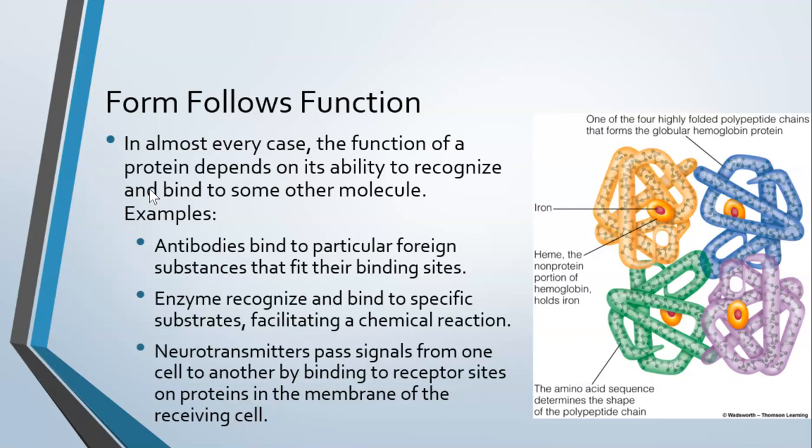Once it recognizes it, it will make specialized antibodies that will attack that particular thing every time it encounters it. Enzymes have to recognize a chemical and be able to bind to it so they can facilitate that reaction. So it really matters how they're formed, because they have to have a special slot that can recognize and bond.